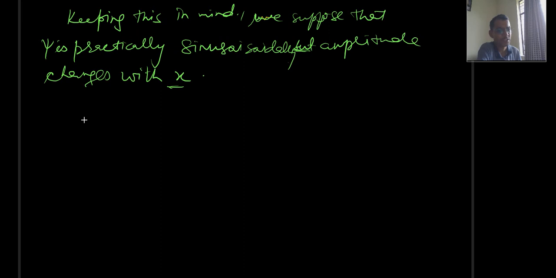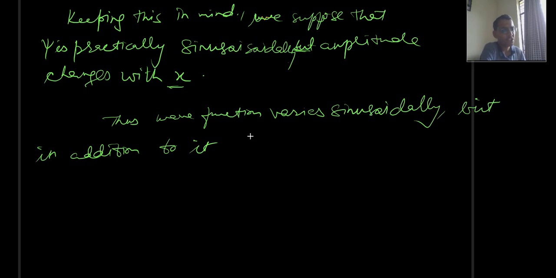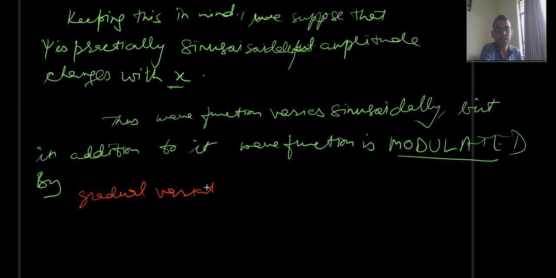So thus wave function, this is very important, thus wave function varies sinusoidally but in addition to it, wave function is modulated by gradual variation in amplitude and wavelength.